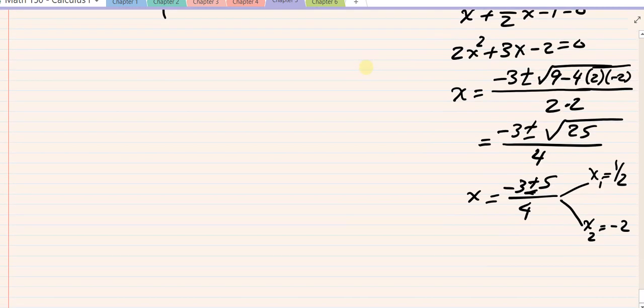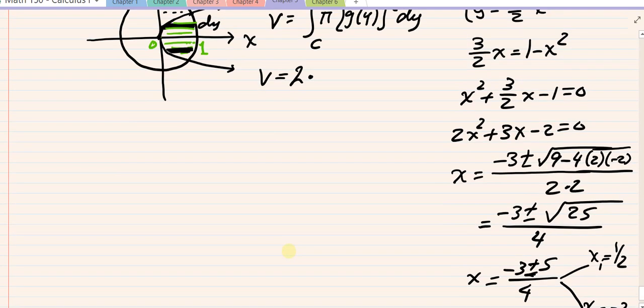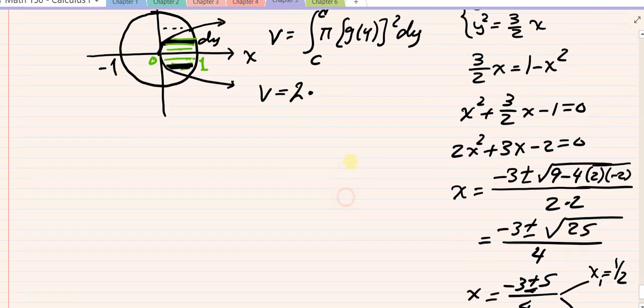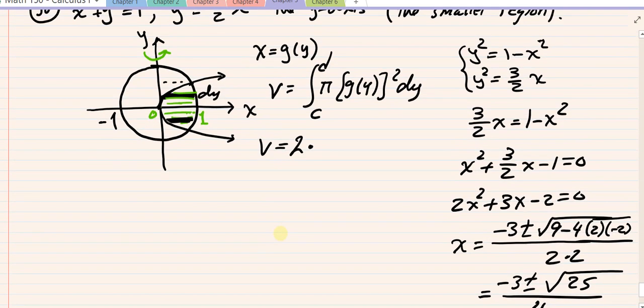Negative 2, this one we cross out. This negative 2 is not in the domain of the circle. It's a unit circle that runs from negative 1 to 1. So you're going to toss that one out. So the only point of intersection is when x is 1/2.